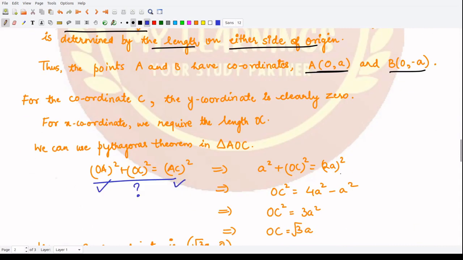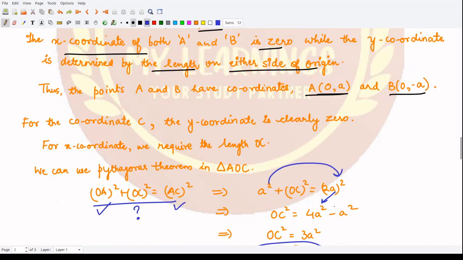So substitute the values, solve, shift this term to the right hand side, and evaluating gives OC as square root 3 into a. Notice that this a is not under the root, it is separately written with square root 3.